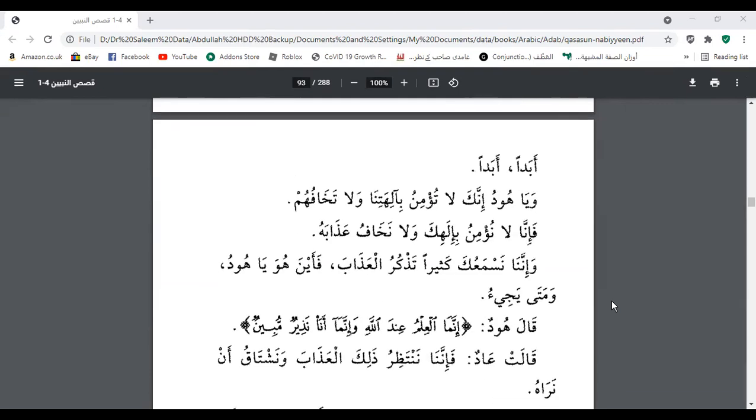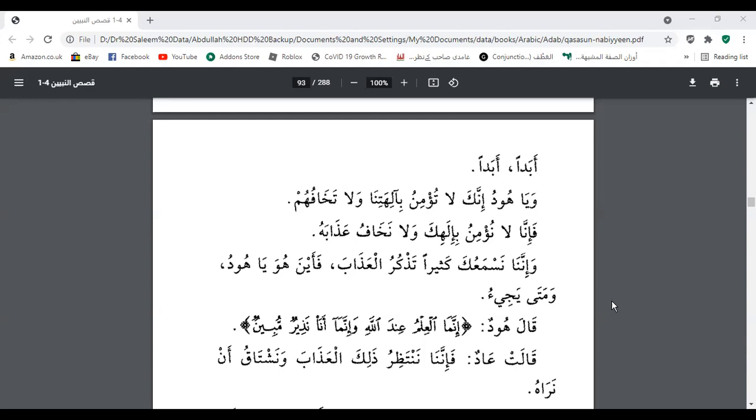وَيَا هُودْ, and O Hud, إِنَّكَ لَا تُؤْمِنُ بِآلِهَتِنَا وَلَا تَخَافُهُمْ. O Hud, indeed you do not believe in our gods, and you do not fear them.